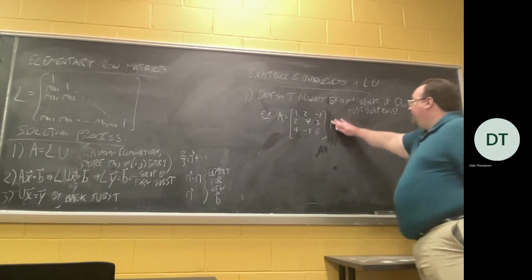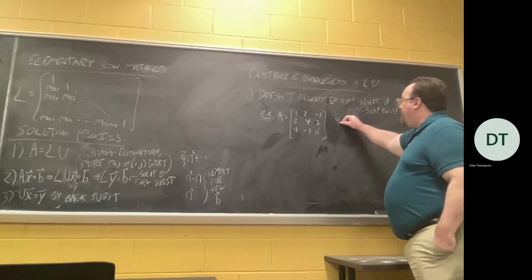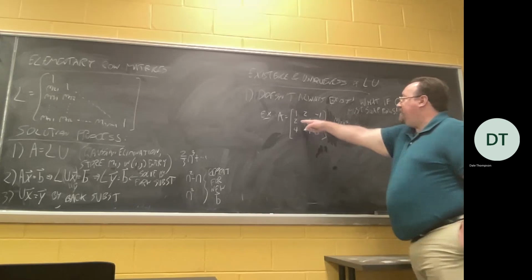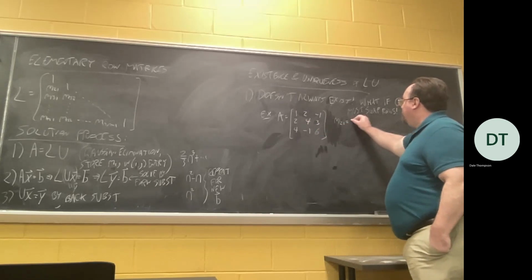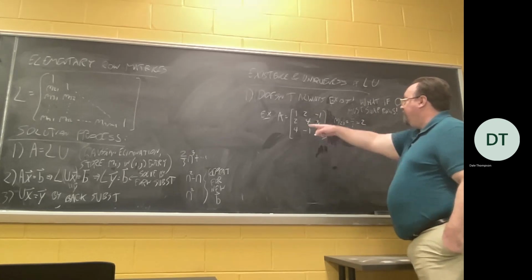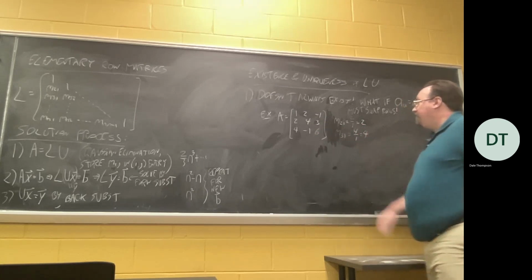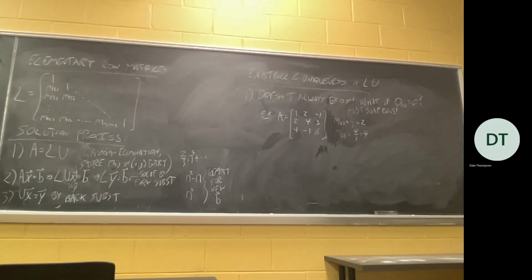So to work on the first column, you have m_21 that eliminates the 2,1 entry. That is equal to 2, and then to eliminate the 3,1 entry, that's going to be 4 divided by 1, so it's going to be 4. So you're going to subtract twice the first row from the second row, and 4 times the first row from the third row.